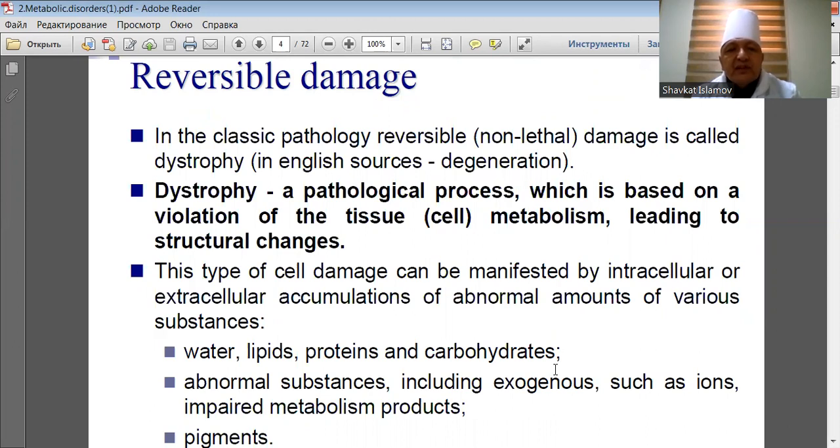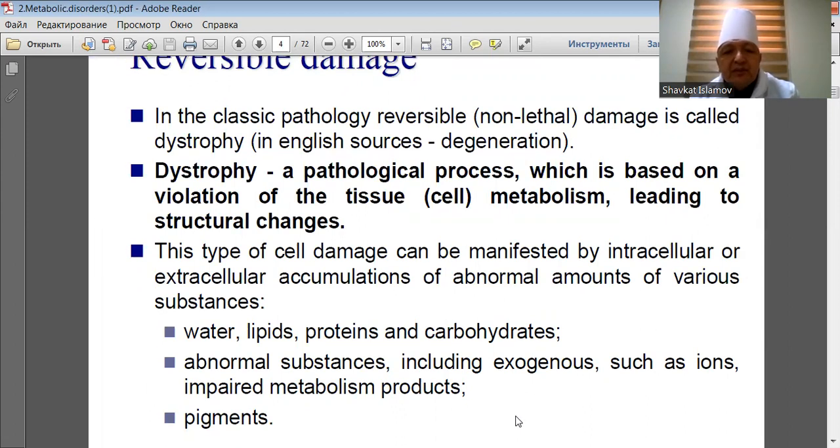This type of cell damage can be manifested by intracellular or extracellular accumulation of abnormal amounts of various substances: water, lipids, proteins, and carbohydrates. Abnormal substances include exogenous ones, such as ions, impaired metabolism products, and pigments.